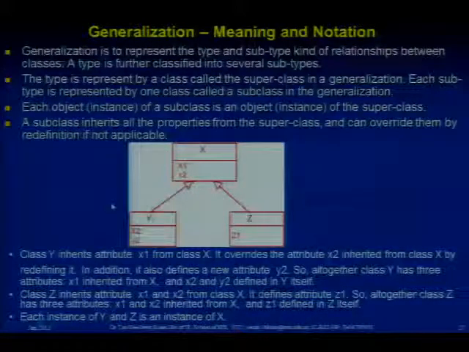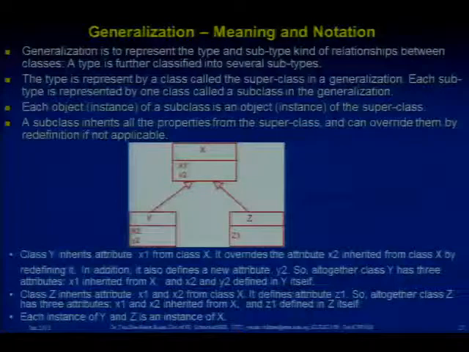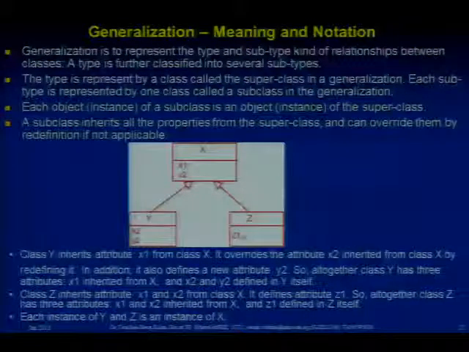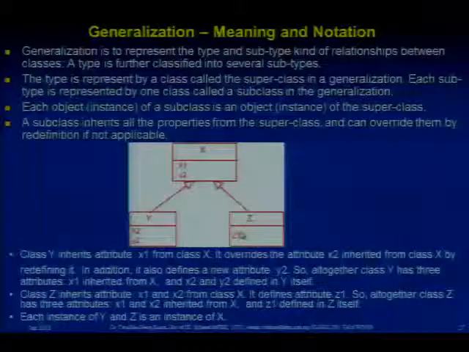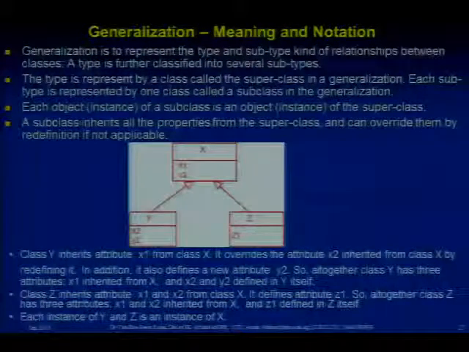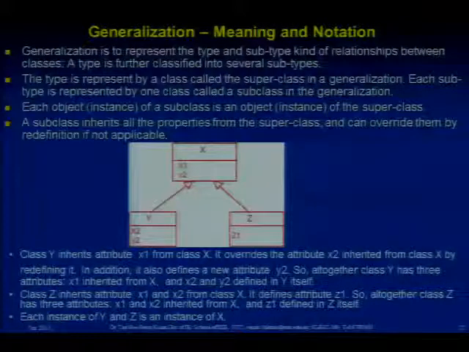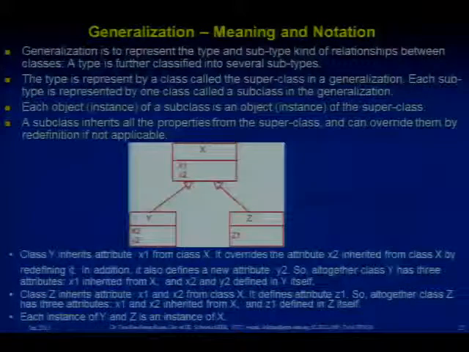When you define a generalization as such, by default every subclass will inherit all the properties from the superclass. When we say a property of a class, what does it mean?